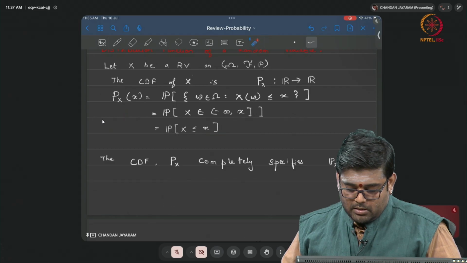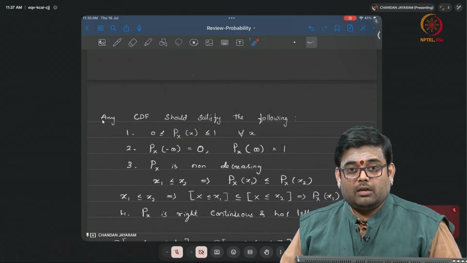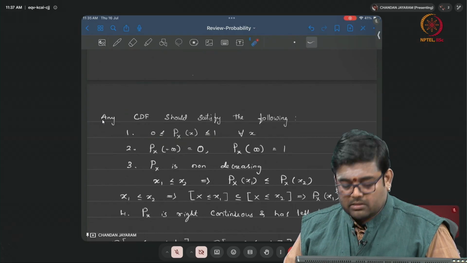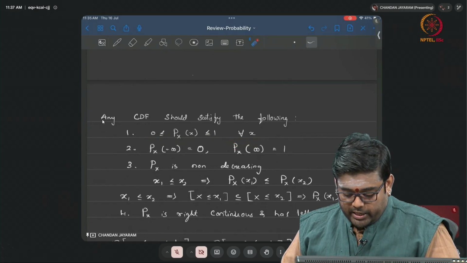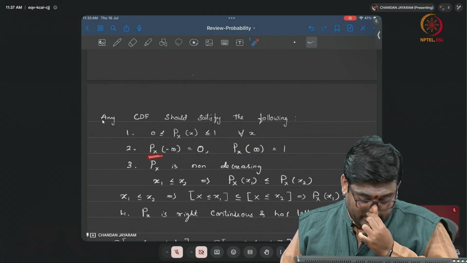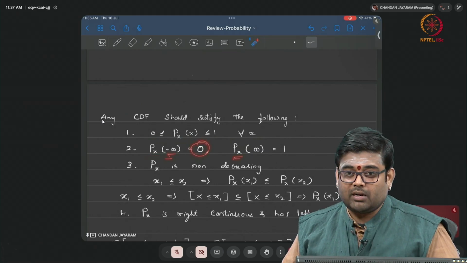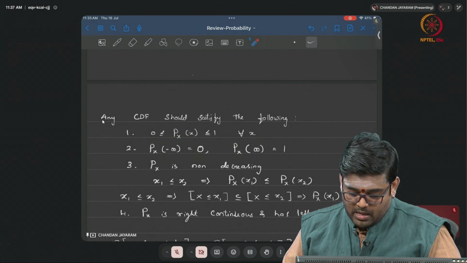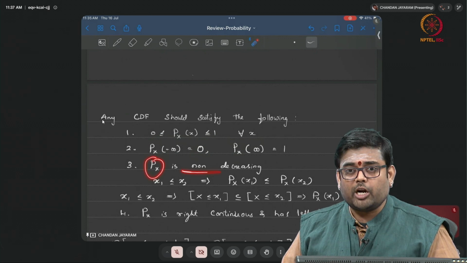Therefore the CDF has to be between 0 and 1 for all x considered. Then the CDF at minus infinity is 0 and the CDF at infinity is 1, which is an extension of the same idea, and the CDF is non-decreasing.